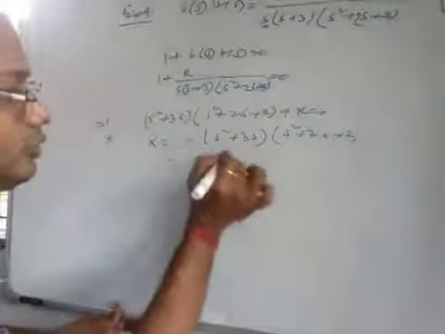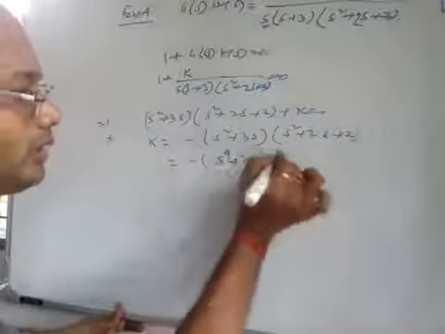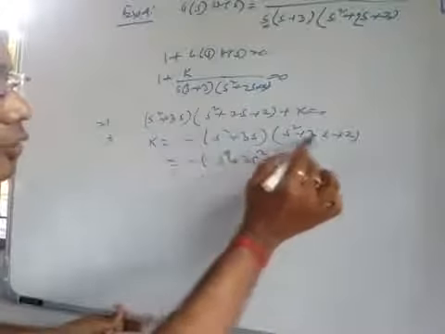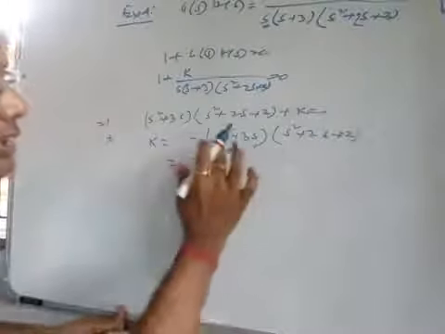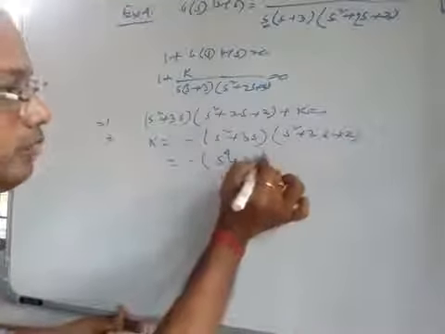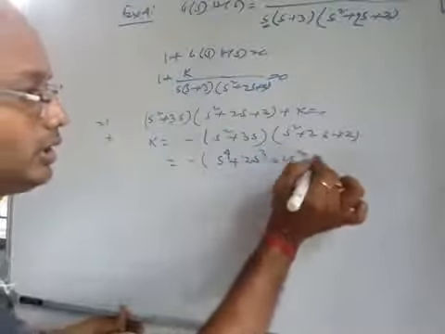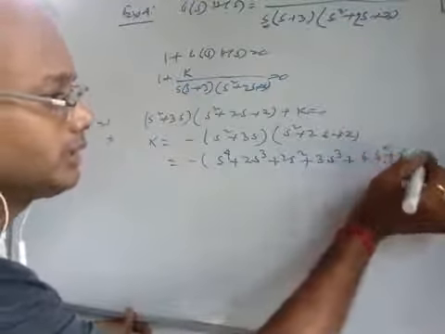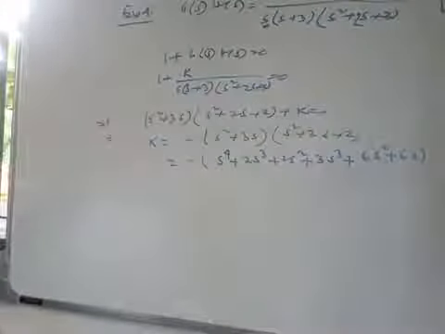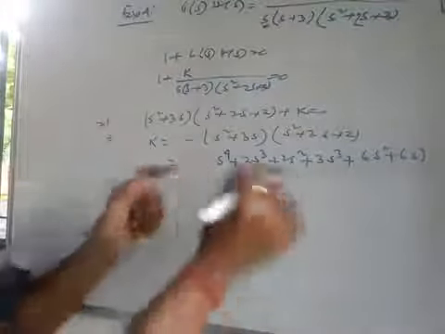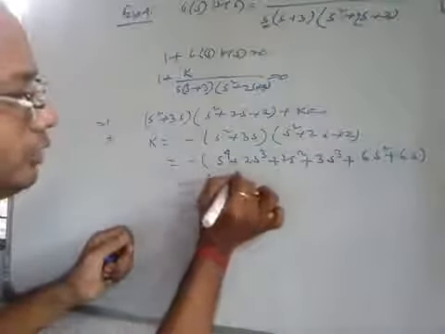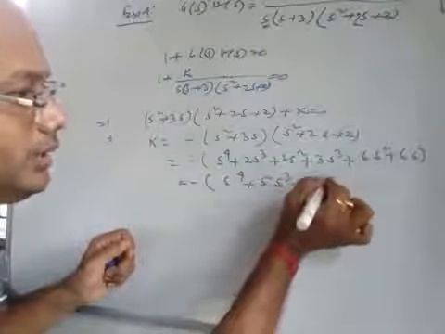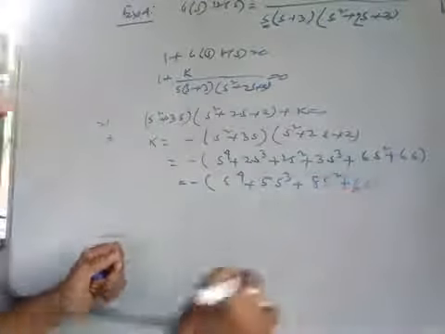We may write the value of K equal to minus (s to the power 4 plus 2s cube plus 2s square plus 3s cube plus 6s square plus 6s). You see, this is equivalent to s to the power 4 plus 5s cube plus 8s square plus 6s, if I am not wrong.